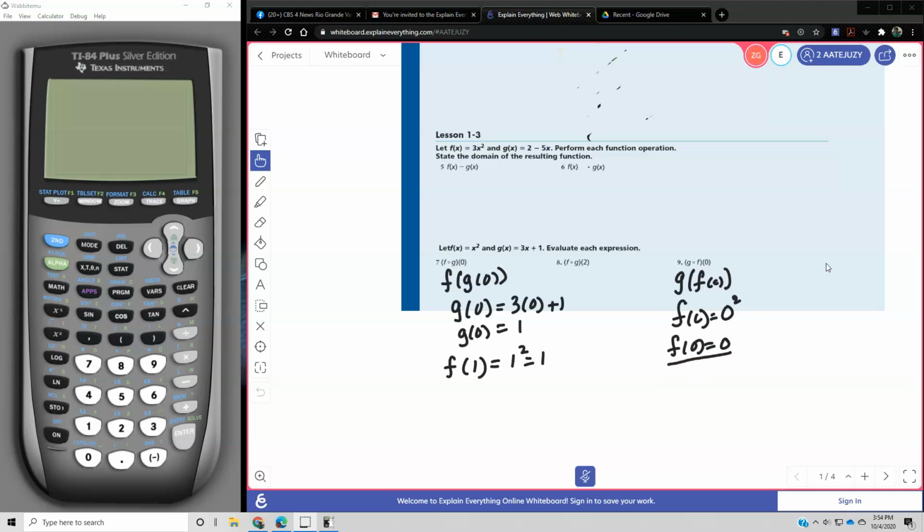Since we know that f of 0 is 0, now we're going to evaluate g of 0, which is equal to 3 times 0 plus 1. 3 times 0 is 0 plus 1 is 1. So g of 0 is equal to 1. So we have g of f of 0 is equal to 1. And for number 7, I forgot to tell you, f of g of 0 is equal to 1.